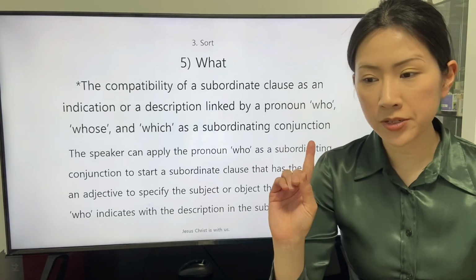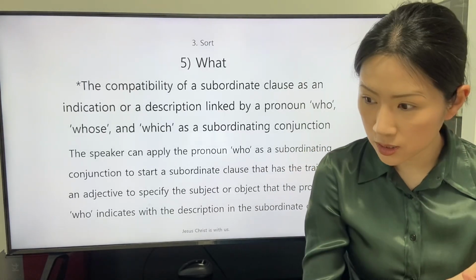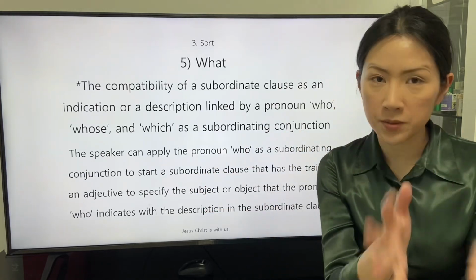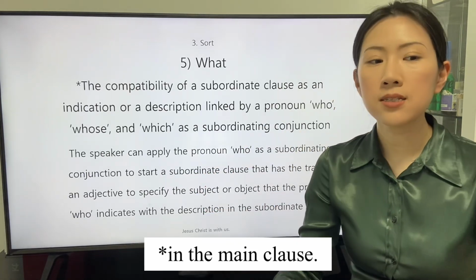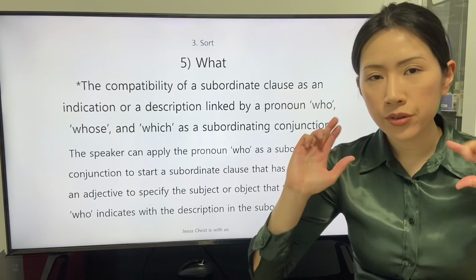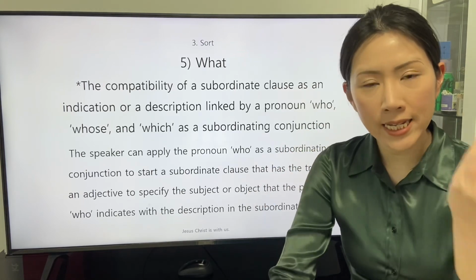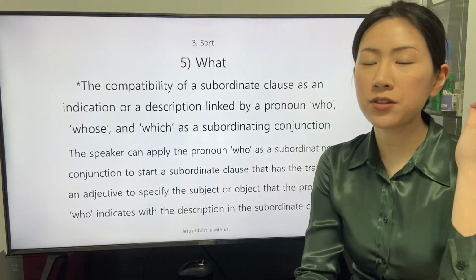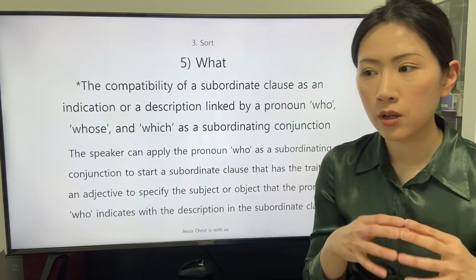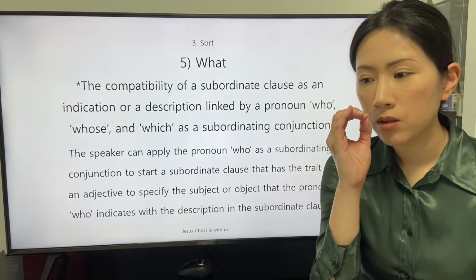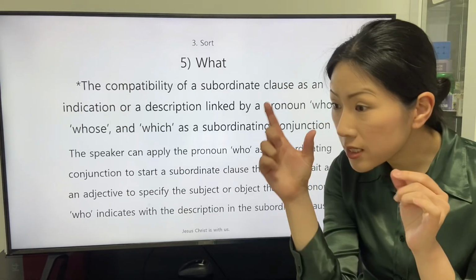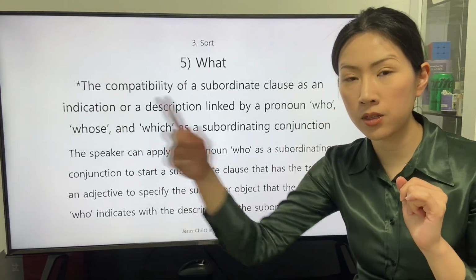The described person in the subordinate clause can be applied as a subject or an object. The subordinate clause linked by the pronoun who can have the trait as a description for the person indicated by the pronoun who and the precedent in the main clause.